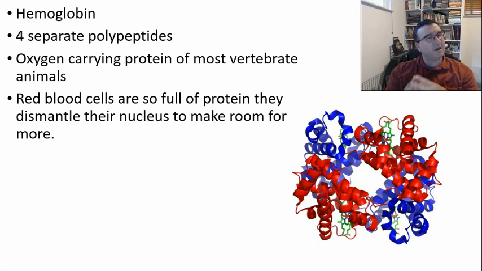There are some other varieties of chemicals that carry around gases, but we're not going to talk about those. Red blood cells are so full of hemoglobin protein that they actually break down or dismantle their nucleus to make room for even more. The main job of our red blood cells is to be packed full of hemoglobin proteins to carry oxygen from the lungs through the heart out into the different cells of the body.